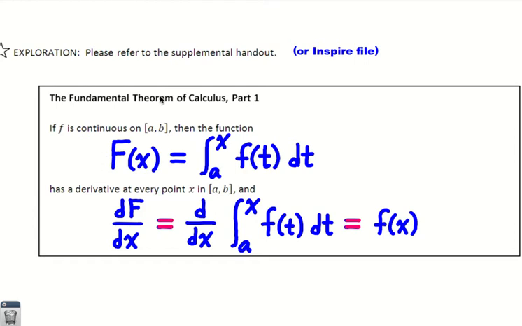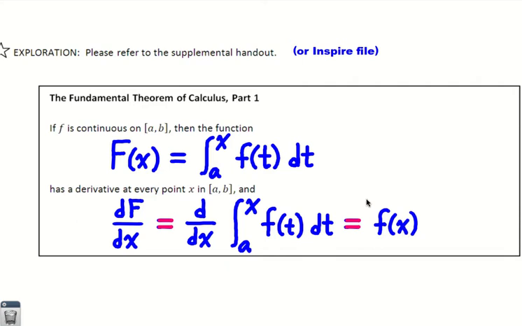The fundamental theorem of calculus, part 1. If f is continuous on the interval [a, b], then the function big F of x equals the integral from a to x of f of t dt has a derivative at every point x in the interval, and the derivative of this just equals f of x.